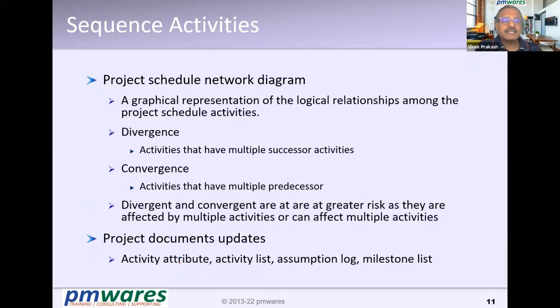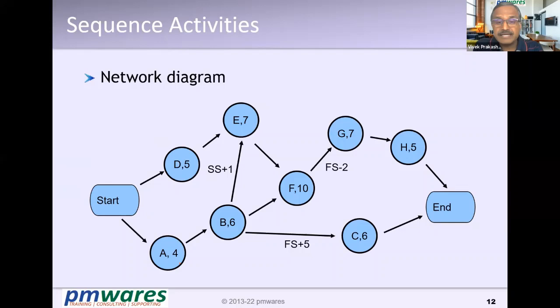You create a schedule, a network diagram, and something like that. So here you have added SS plus 1, FS plus 5, FS minus 2. What does it mean? E will start when D finishes and 1 day after B starts.